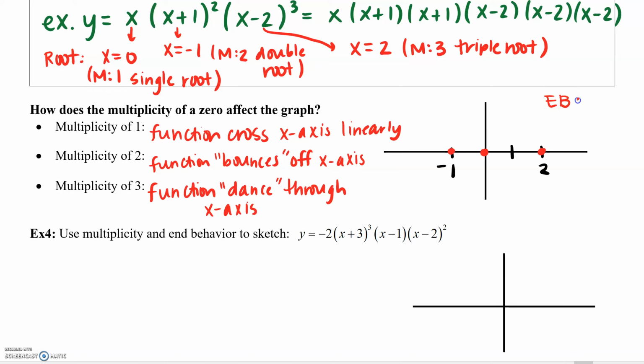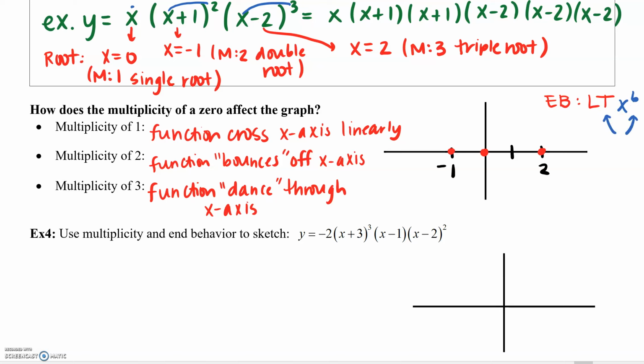Remember, the end behavior depended on the leading term. I don't want to FOIL all of this out, but imagine if we did. We would have an x squared, an x cubed, and an x. If we multiply x times x squared times x cubed, we would get a leading term of x to the 6th. Because it's positive, both ends of my graph should go up.